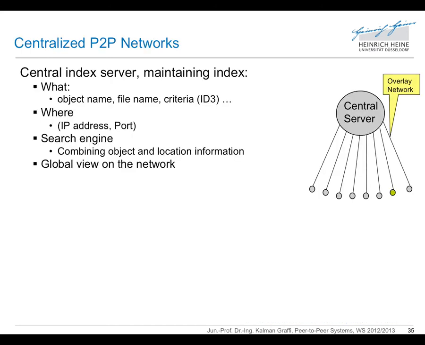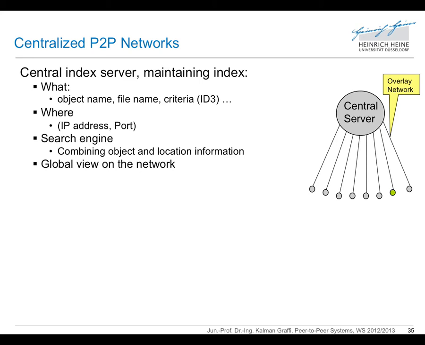Okay, let's start with the simplest unstructured overlay. So what was unstructured? Unstructured means we have object names, but they are not really bound to a specific peer. And the simplest unstructured overlay is the centralized one with Napster. Every node tells the server, I have these specific files.